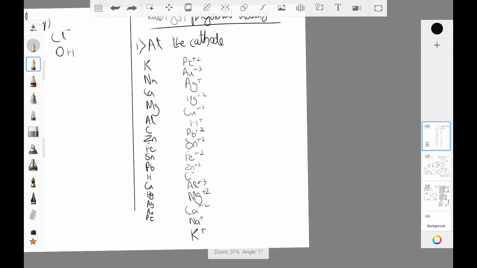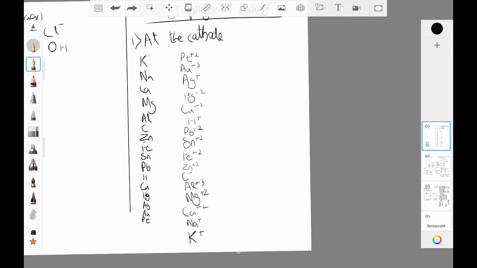However, if you flip this series upside down and change all the metals to their respective ions, you would get something called the electrochemical series. To find out whether a metal ion discharges at the cathode instead of the hydrogen ion, you would use the electrochemical series.